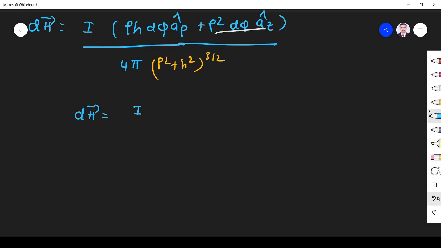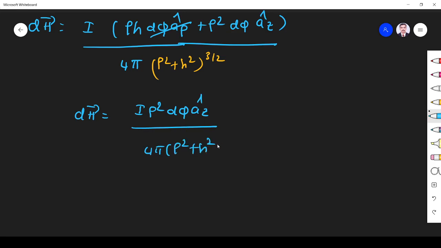So we can make the rho component 0. So we have dH equal to I into rho squared d phi AZ vector divided by 4 pi into rho squared plus h squared to the power 3 by 2, right?